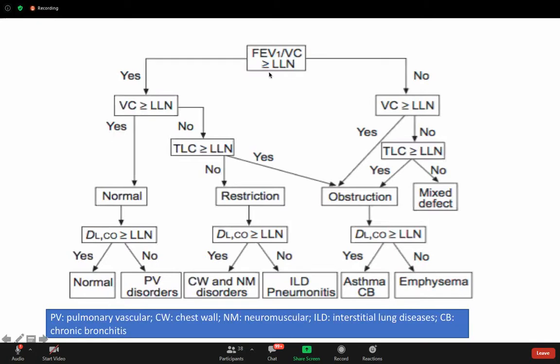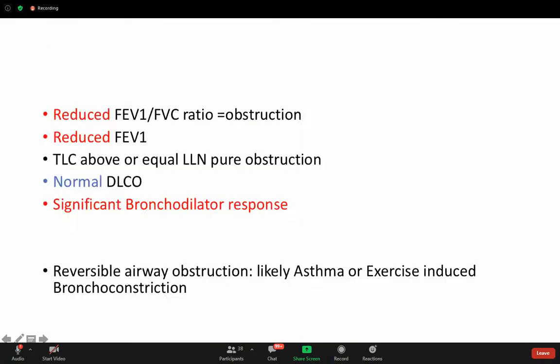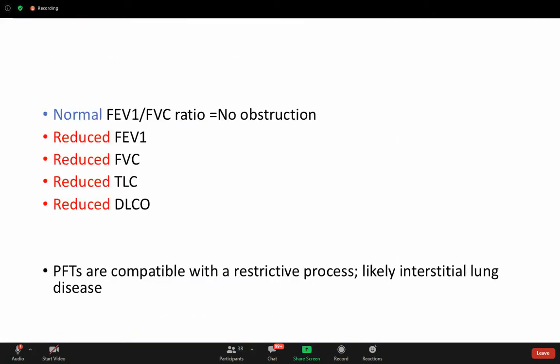So the ratio was normal, so above the lower limit of normal. The VC was low. The TLC was low, restrictive. We did the DLCO. The DLCO was low, so it's really interstitial lung disease or pneumonitis. Okay?